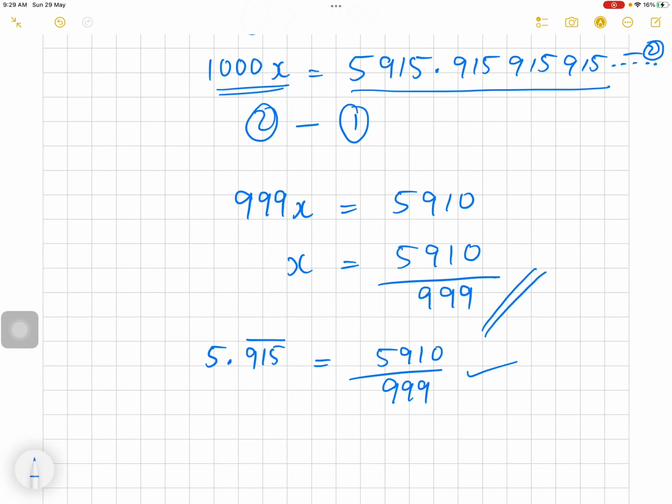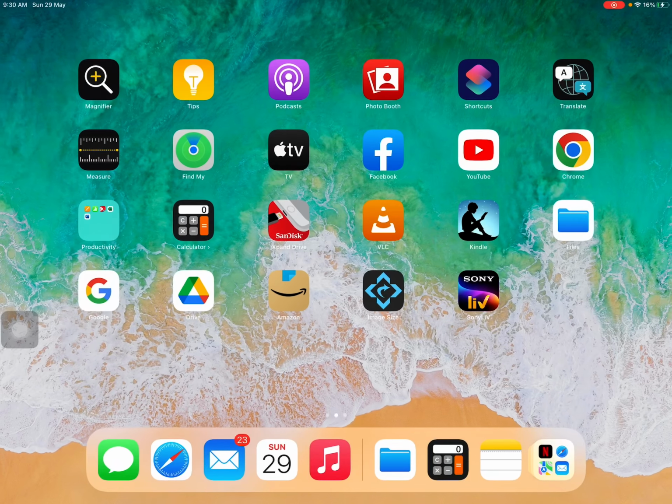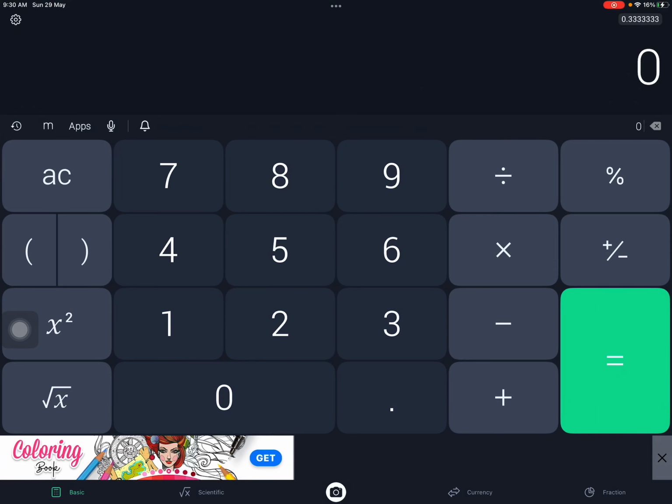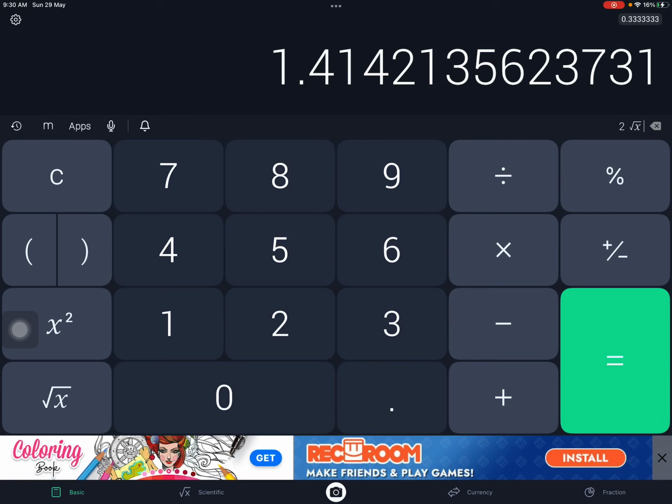Now when it comes to irrational numbers, root 2 is an irrational number because it cannot be written in P by Q form. Root 2 is equal to 1.4142135623731, and the number keeps on going.